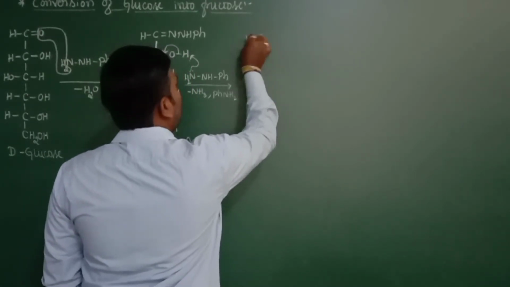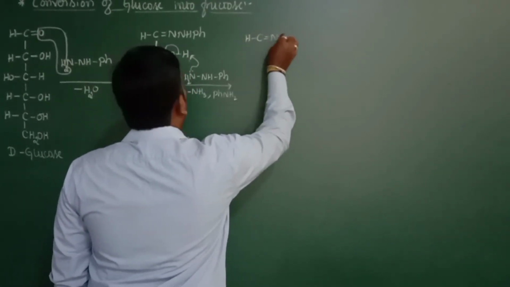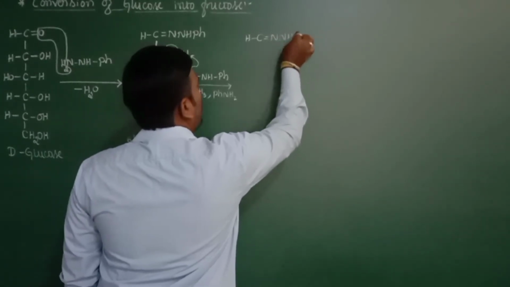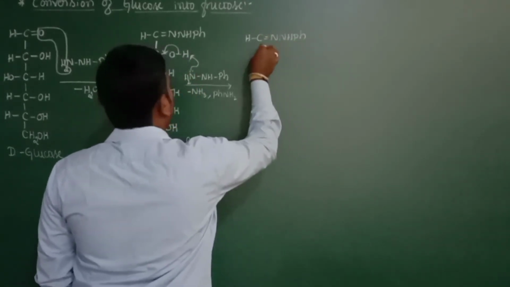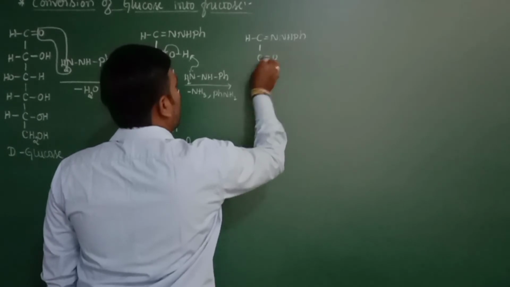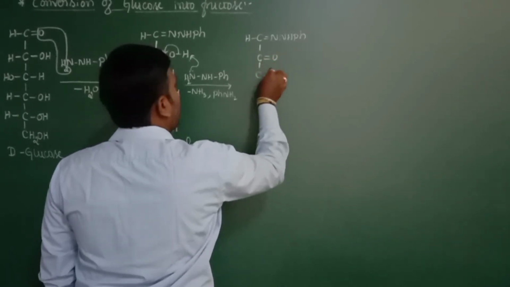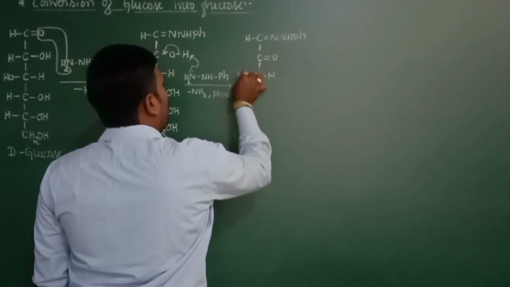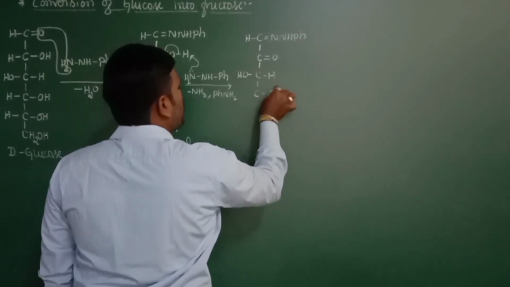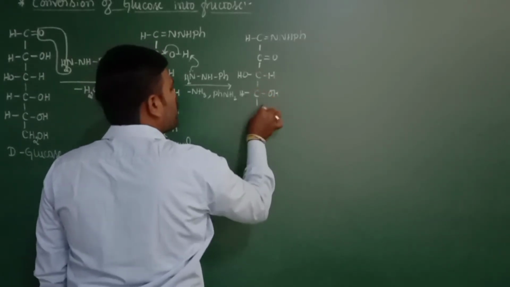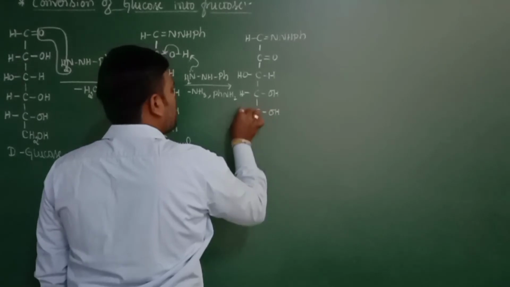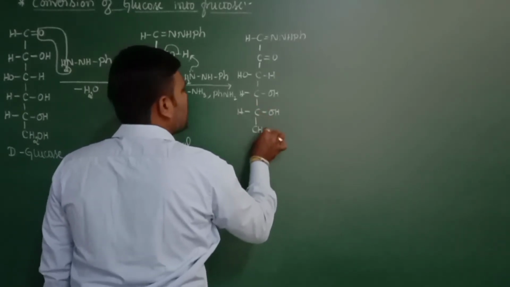So CH double bond N, NHPh, C double bond O, C, H, OH, and at the fourth position, fifth position, and at the sixth position we'll be having CH2OH. Right.